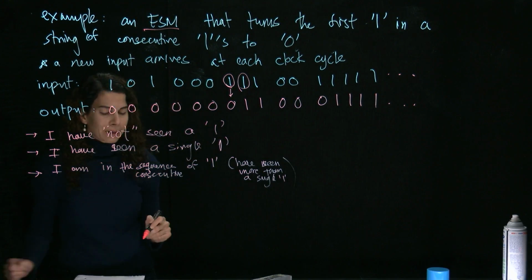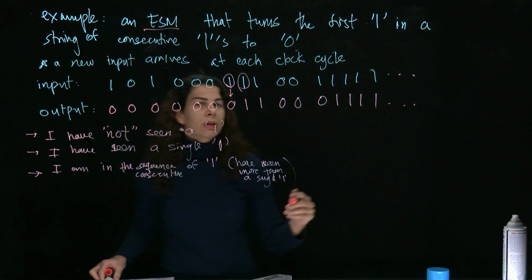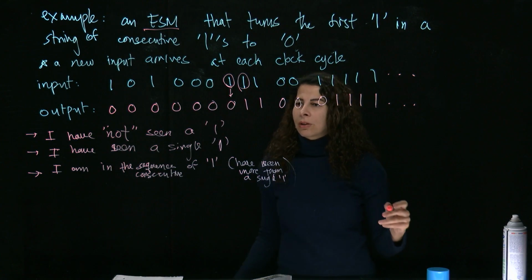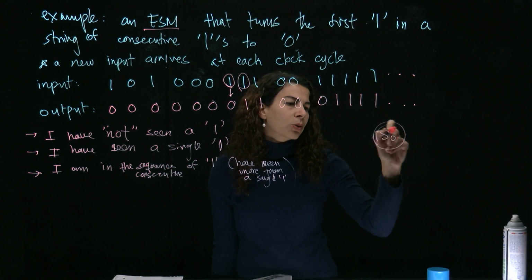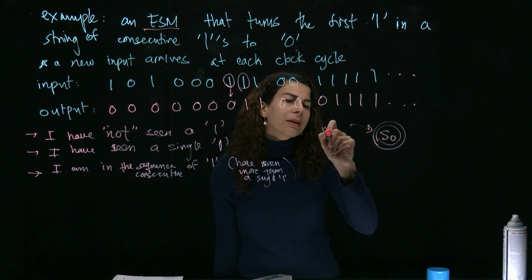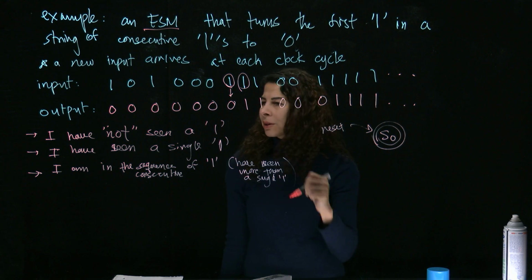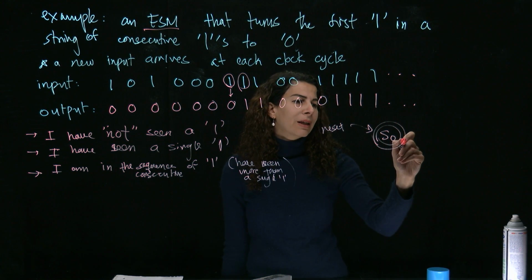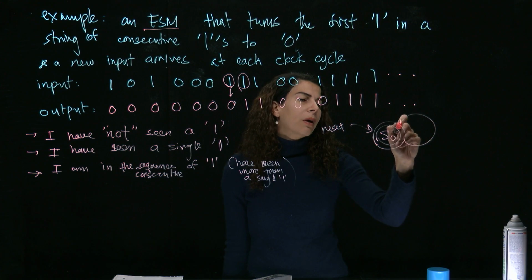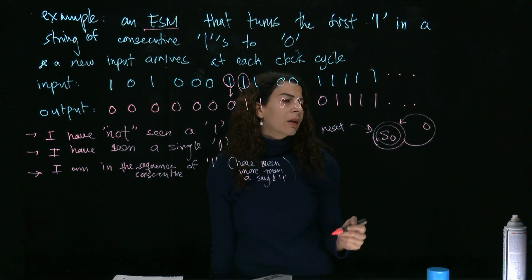So let's go and think about the finite state machine in this particular case. So if I'm in a state S0, which I assume is also the reset state, what happens if I'm in state S0 and I get a 0? I'm going to stay here.